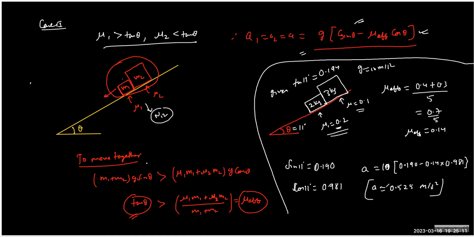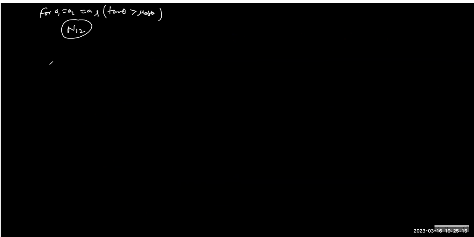So mg into mu cos theta minus sin theta. M is not there, M1, M2 we have.